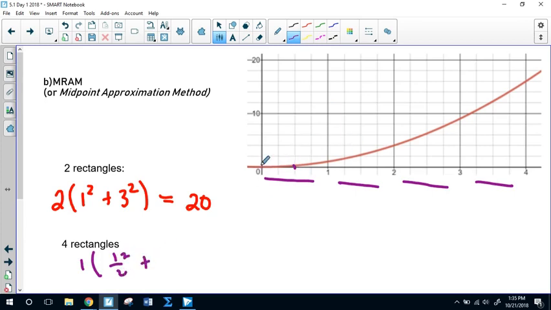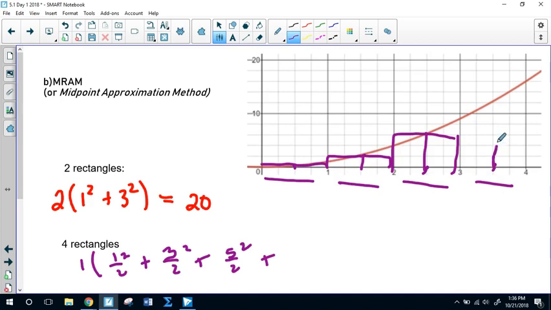My second height is going to occur at 3/2 squared. My third height is going to occur at 5/2 squared. And my last height is going to occur at 7/2 squared.